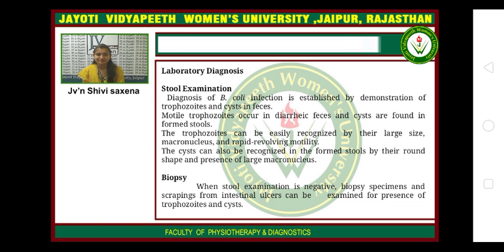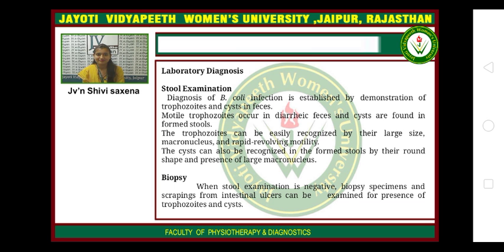The trophozoite can be easily recognized by its large size, macronucleus, and rapid revolving motility. Cysts can also be recognized in formed stools by their round shape and presence of a large macronucleus.